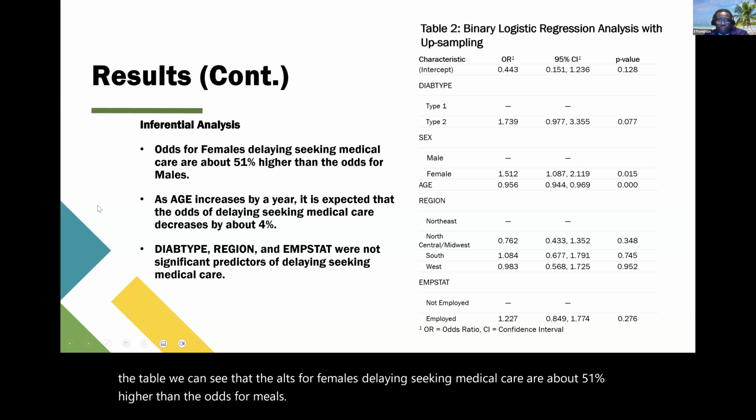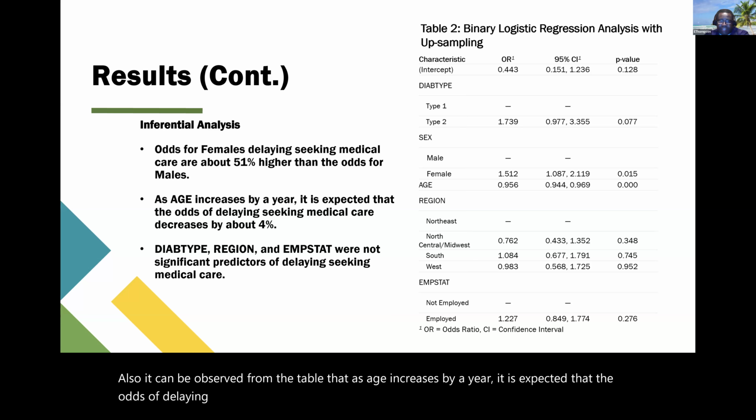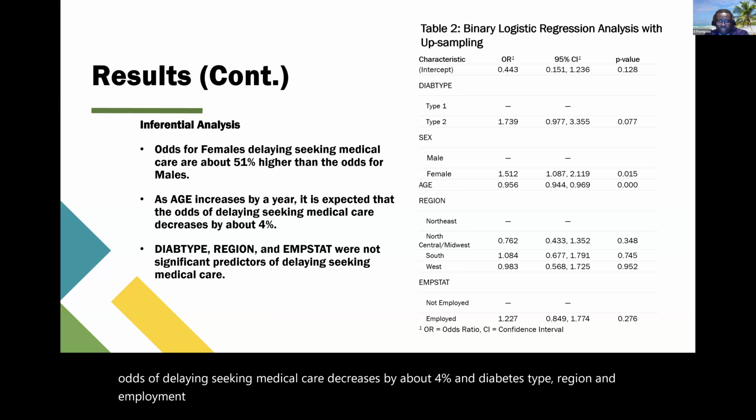Also, it can be observed from the table that as age increases by a year, it is expected that the odds of delaying seeking medical care decrease by about 4%. And diabetes type, region, and employment status were not significant predictors of delaying seeking medical care, as shown on table 2.